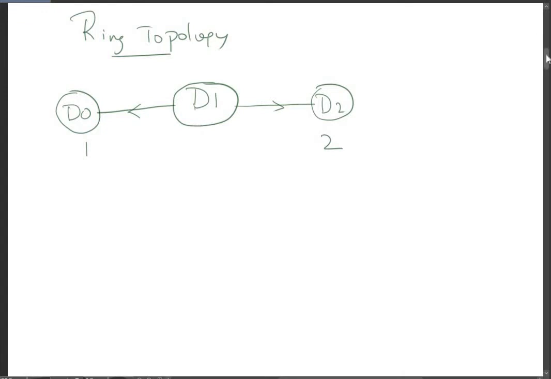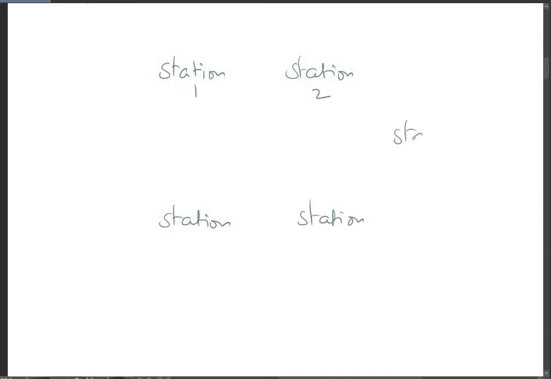Now we'll see the actual physical structure of ring topology. Here we'll use 6 devices or 6 stations. We'll call them stations: station 1, 2, 3, 4, 5 and station 6.